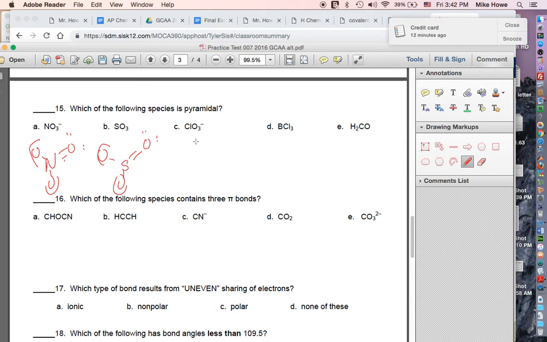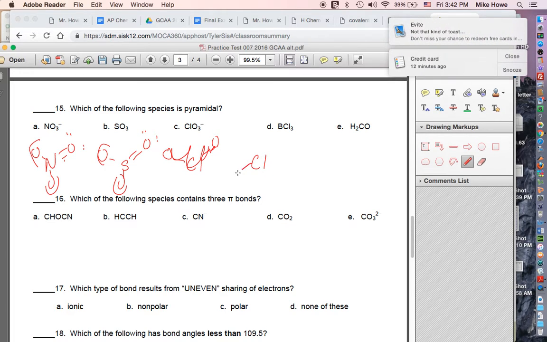ClO3 minus will be, this is your answer because ClO3 looks like this. You have 7 and 6 times 3 plus 1. So 6 times 3 is 18 and 1 is 19 and 7 is 26 valence electrons. So you'd have a Cl in the middle. Then you have an O coming off here, an O coming off here. I don't like the way I'm drawing this, but try it again.